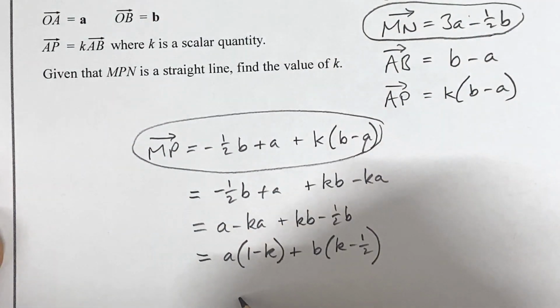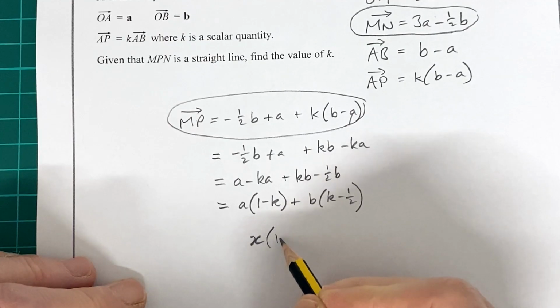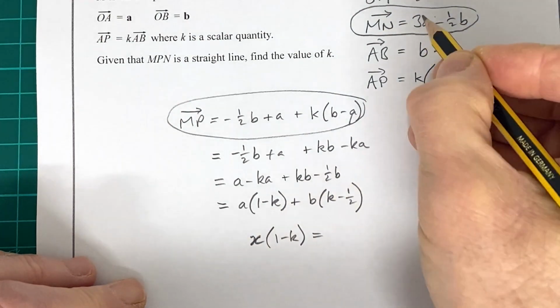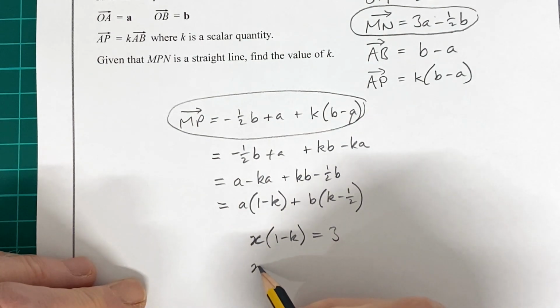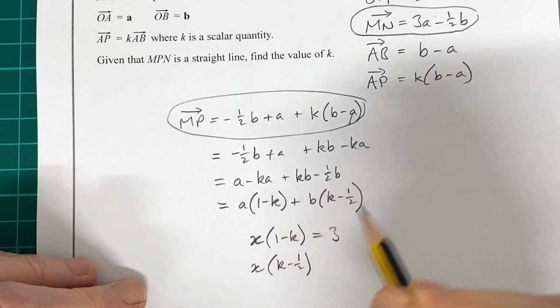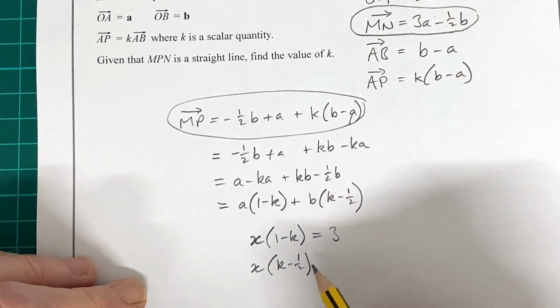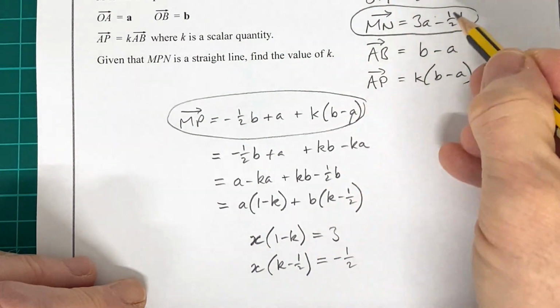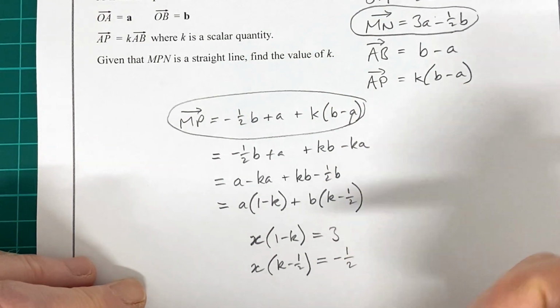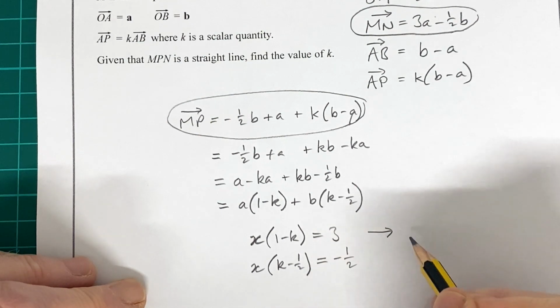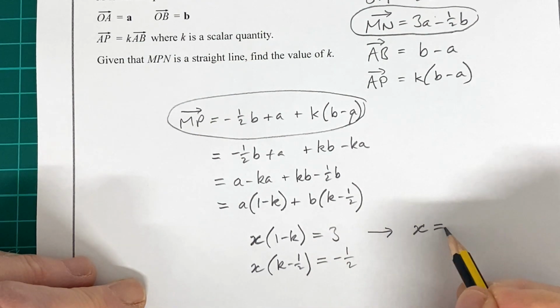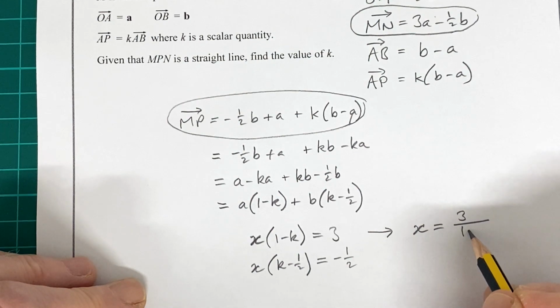So I'm going to do X times 1 minus K is going to give me that 3 to go with the A, and X times K minus a half is going to give me that minus a half that goes with the B part. So I've simply matched what we call the coefficients of B and the coefficients of A. Now going from there, we could say, well, X is worth 3 over 1 minus K.